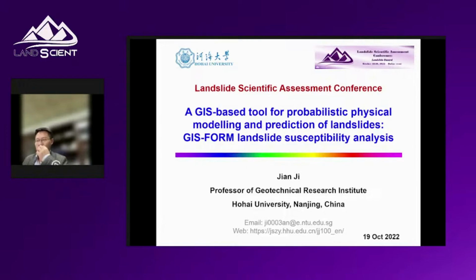I hold a professorship position in my school, and my research mainly focuses on aspects of geotechnical engineering, including slope stability analysis, landslide susceptibility mapping, and geotechnical reliability analysis with probabilistic modeling.